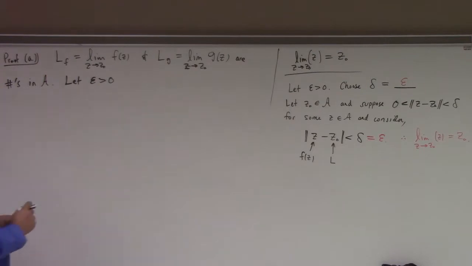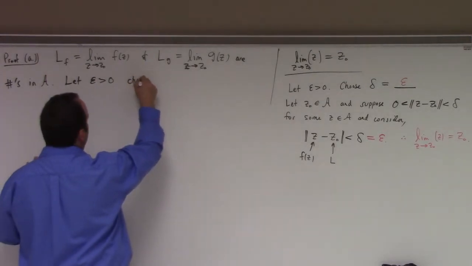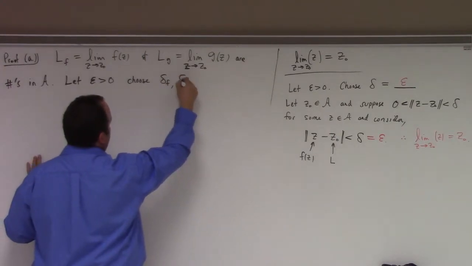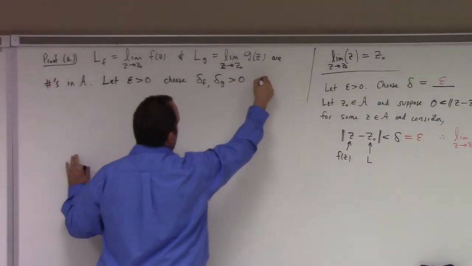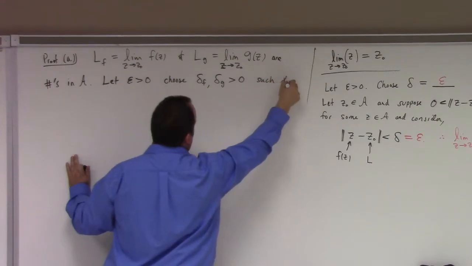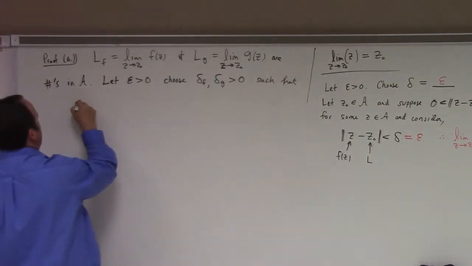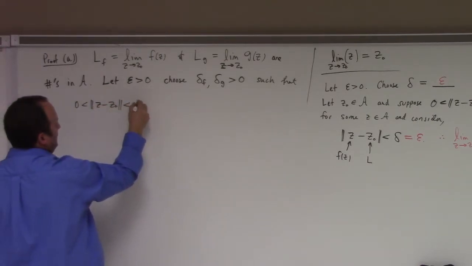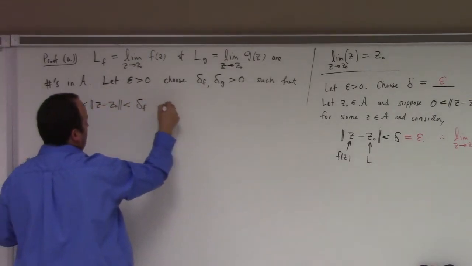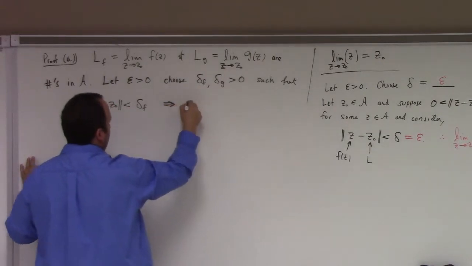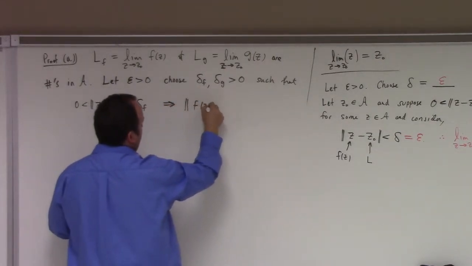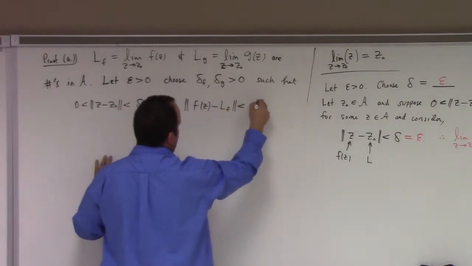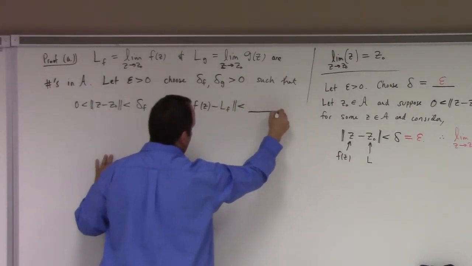I would point out that we can choose delta sub f and delta sub g greater than 0 such that if 0 is less than the norm of z minus z naught is less than delta sub f, that implies that the norm of f of z minus L sub f is less than, well, something, fill in the blanks.